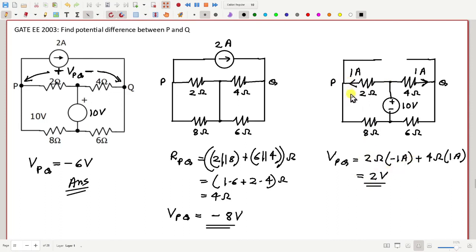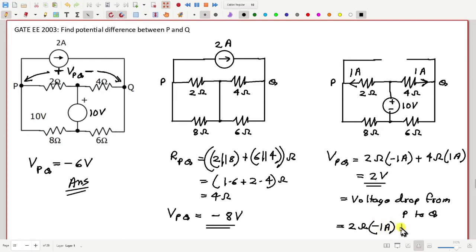So we are considering voltage drop from left to right, from P to Q. So first this 2 ohm multiplied by the current that flows from left to right from P to Q. And how much is the current from P to Q? That is minus 1, right?